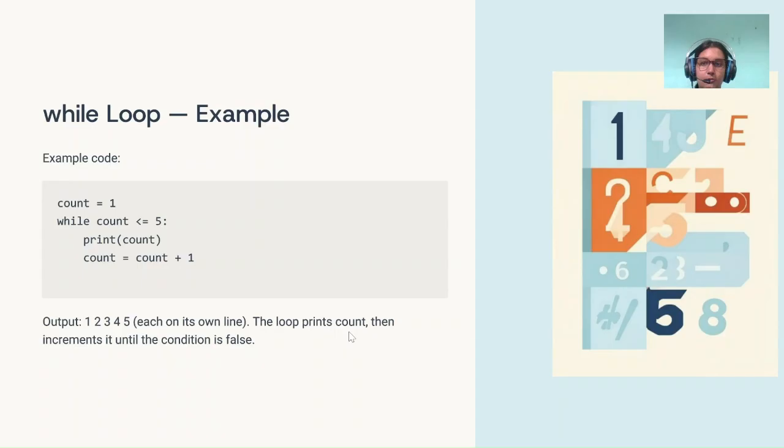The loop prints count, then increments it here until the condition is false, and then it will come out of the loop, just as we did, right? You might have to practice a few programs for you to fully get this, but that's basically it. Let's move on now.